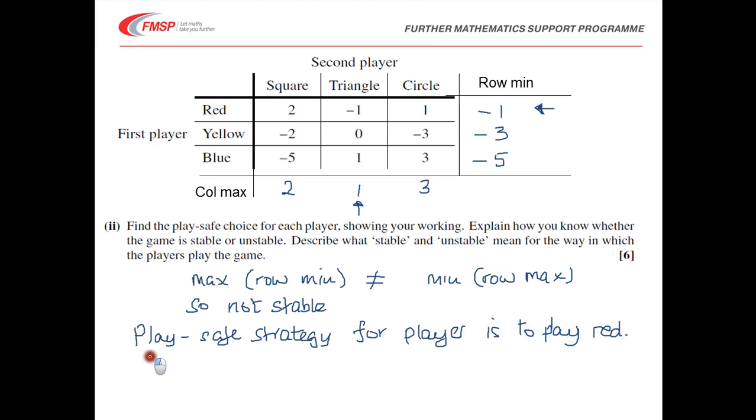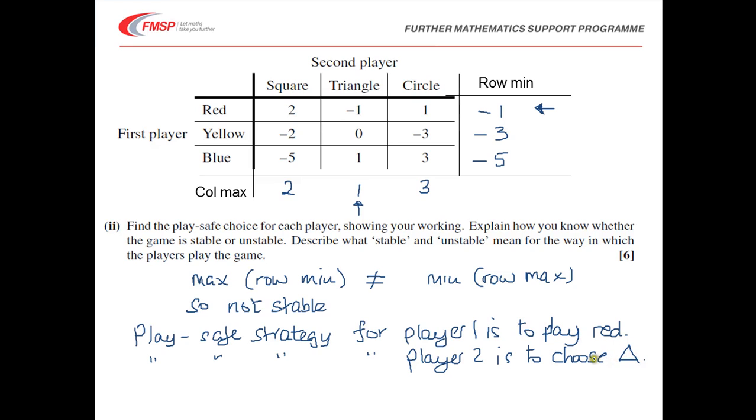And the play safe strategy for player 2 is to choose the triangle. And I'll just put a little triangle in there because I don't seem to have enough room to write the word.